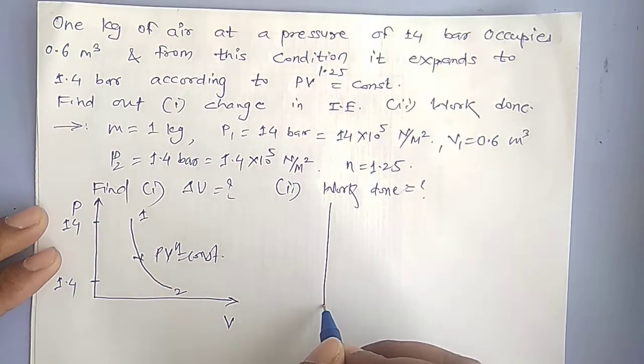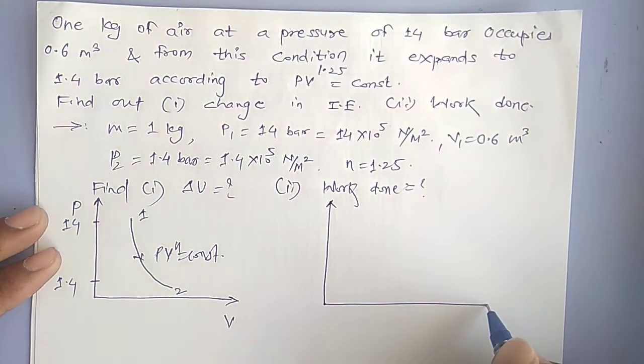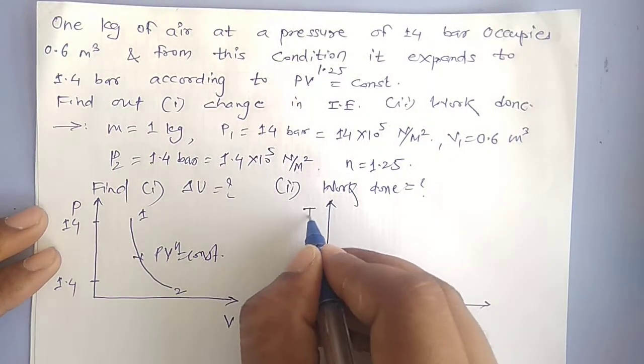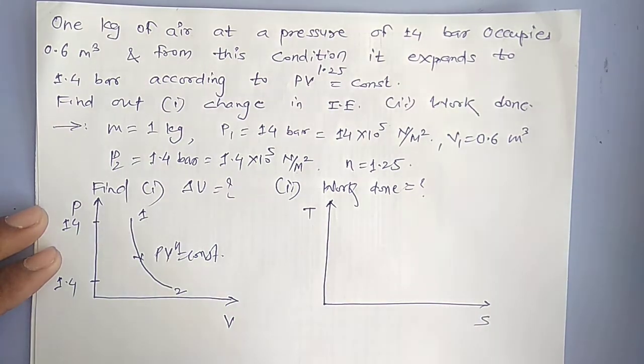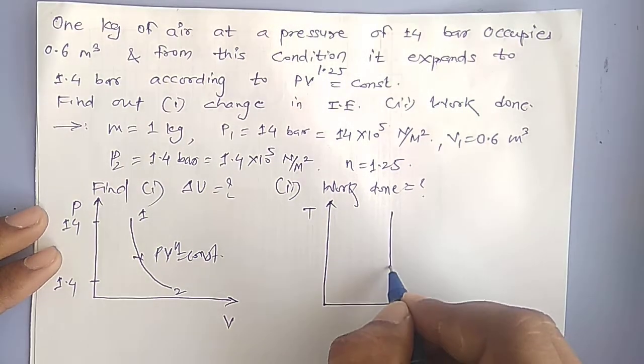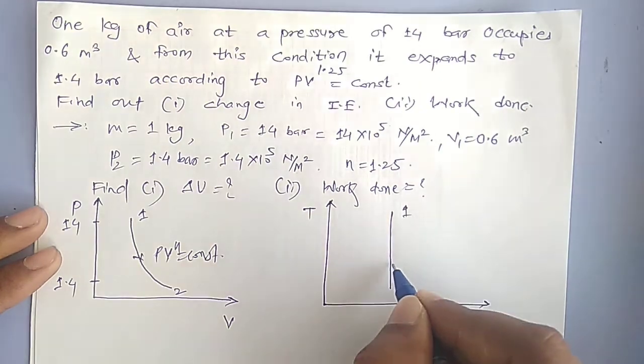And the TS diagram is for an adiabatic process, an isentropic process. In an adiabatic process Q is 0, and in an isentropic process entropy is constant. So the graph will be in this manner.